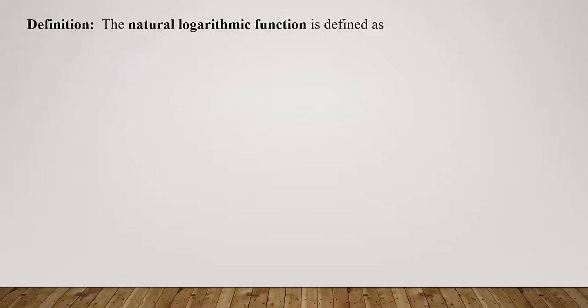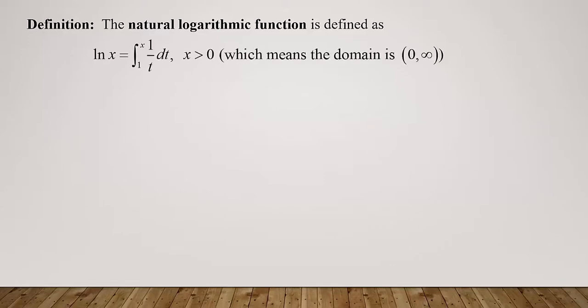So this definition, the natural logarithmic function, is defined as, well, there it is: natural log x equals the integral from 1 to x of 1 over t dt. So natural log x is defined as a definite integral.